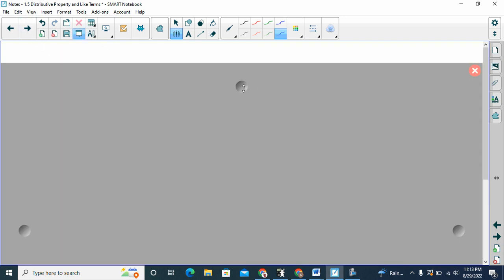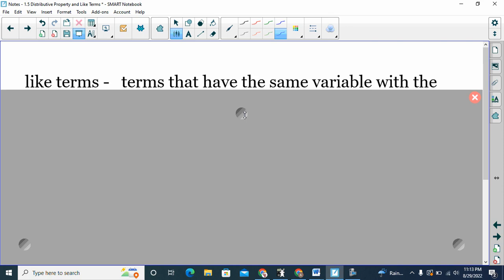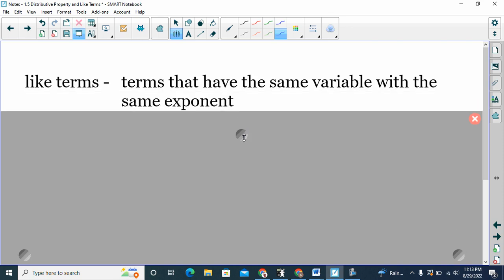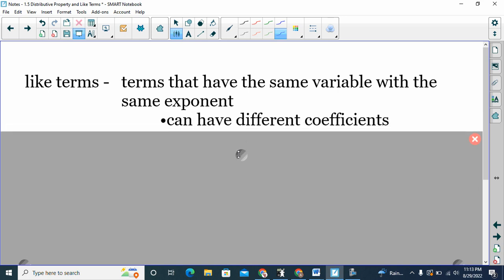Moving on to the second part of the notes, this is on something called like terms. Like terms are defined as terms that have the same variable with the same exponent. Same variable and the same exponent. It's okay to have different coefficients.